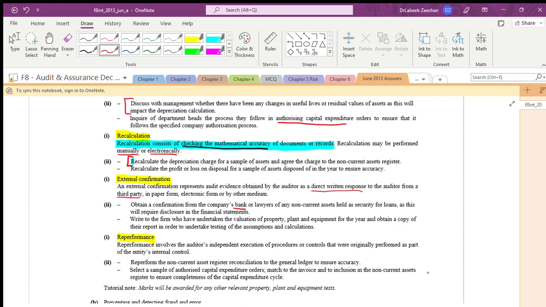Maybe you have taken a loan and purchased property, plant and equipment. If that is the case, you have to get the bank confirmation of any non-current assets held as a security for loans. If you are giving any security for a loan, it has to be disclosed in the financial statements.